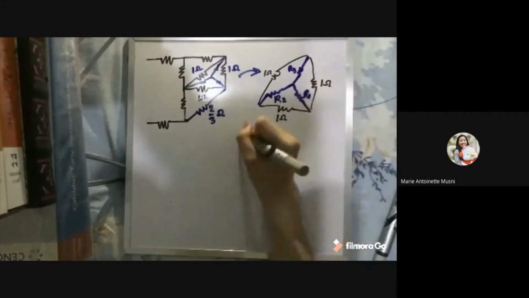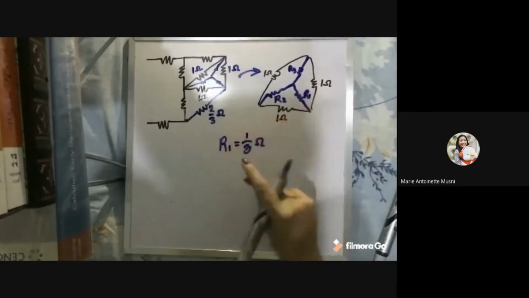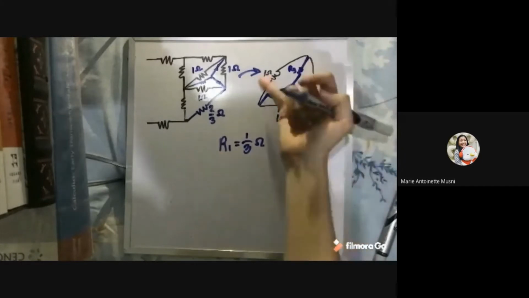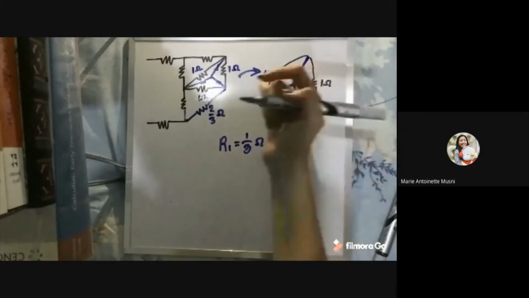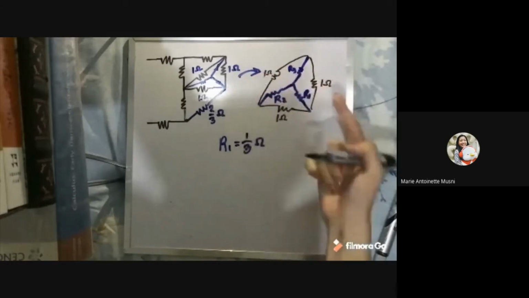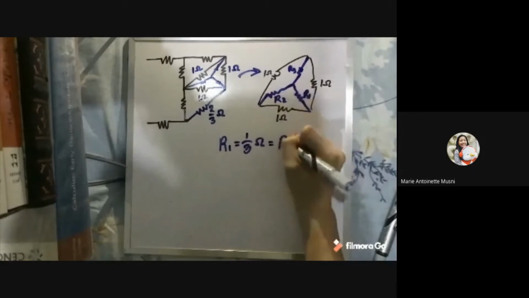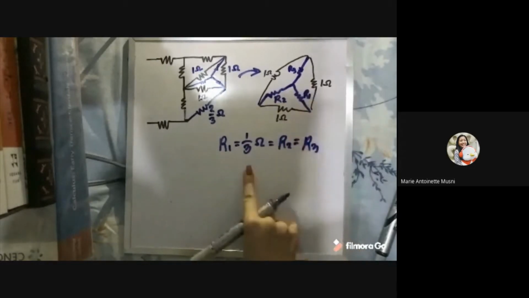So we get an R1 of 1/3 ohms. Now by observation, we can see that all of these resistors are equal in value. Thus, it's going to be 1 times 1 over 3 for R2 and 1 times 1 over 3 for R3. So their values are all equal to each other, which is 1/3 ohms.